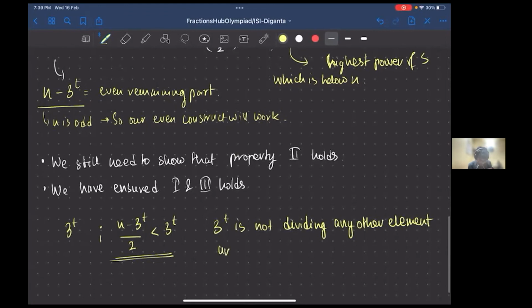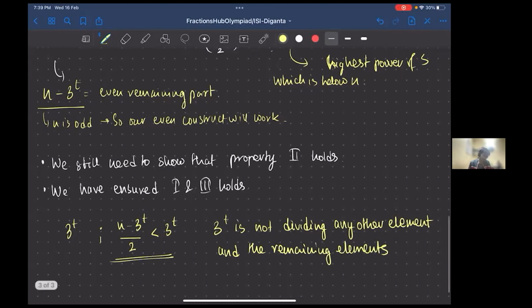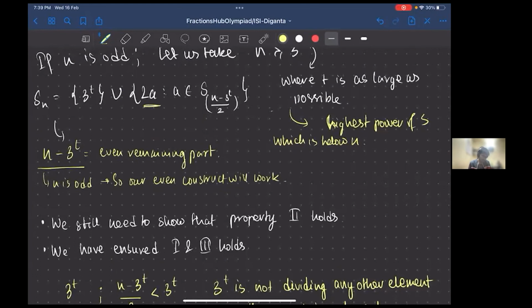And the remaining elements have the following form, 2A. So these are even elements, and this is the only odd element.